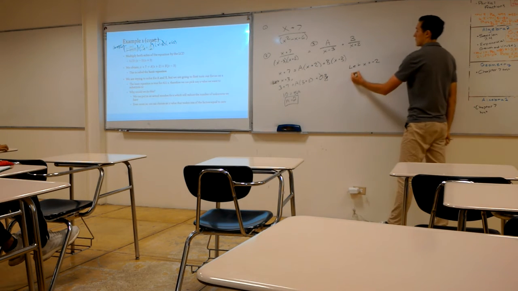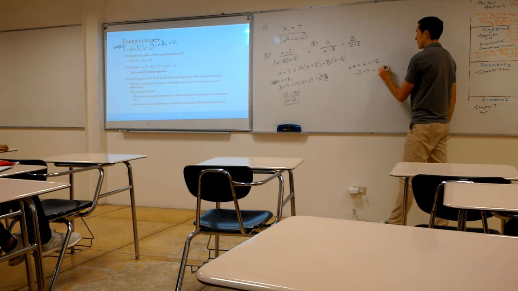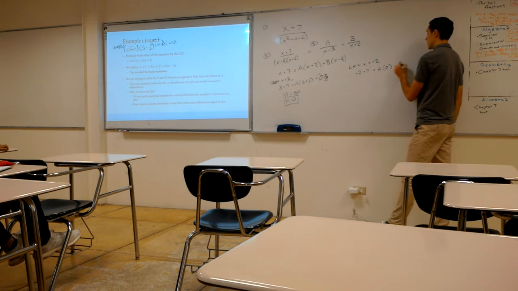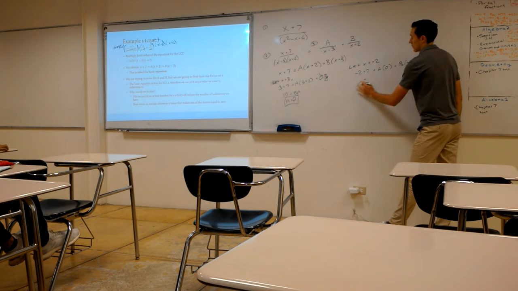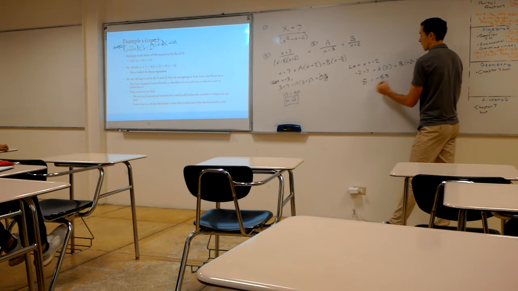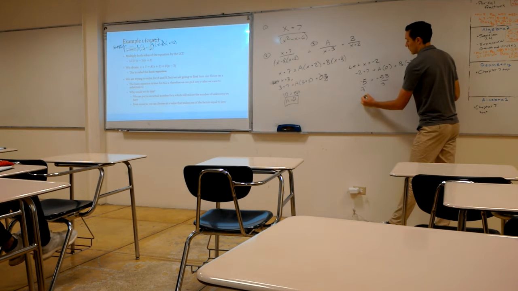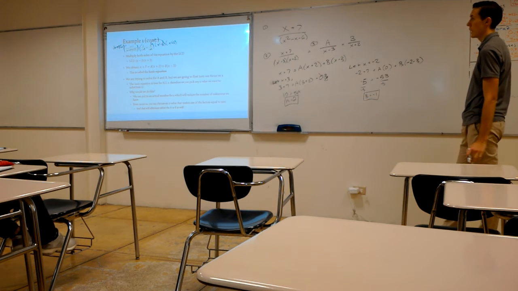So I have negative 2 plus 7 equals A times 0 plus B times negative 2 minus 3, giving me 5 equals negative 5B. So divide by negative 5, divide by negative 5. B equals negative 1.